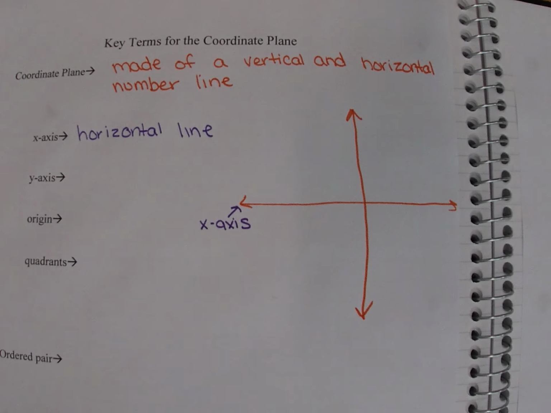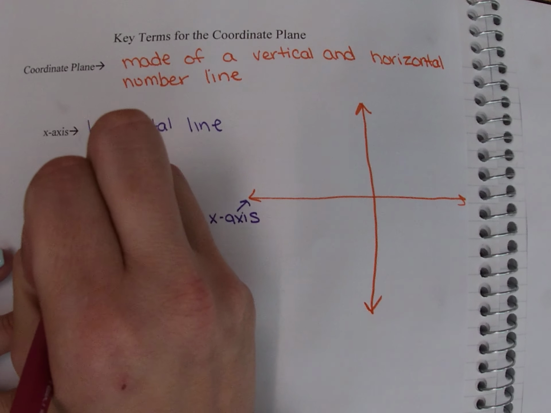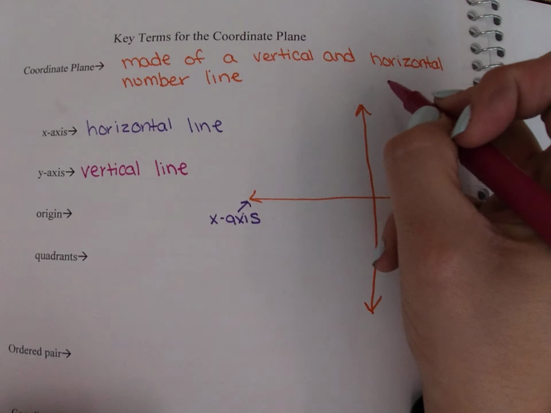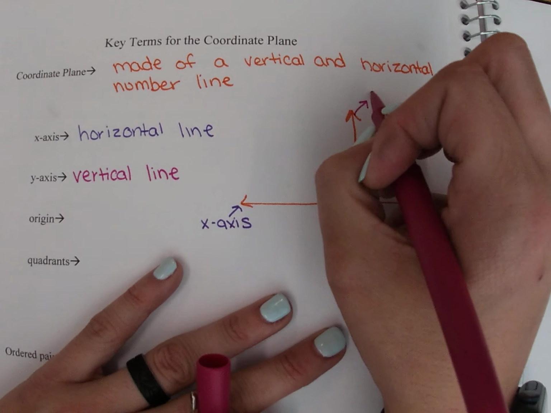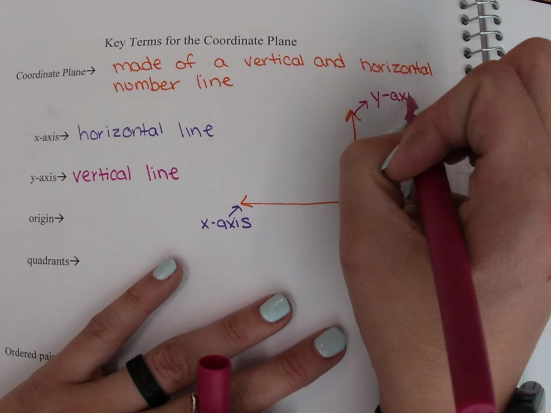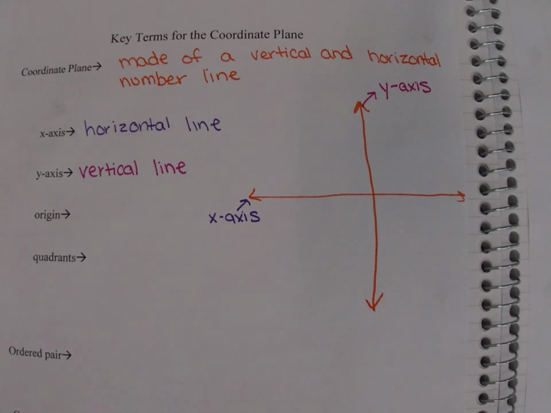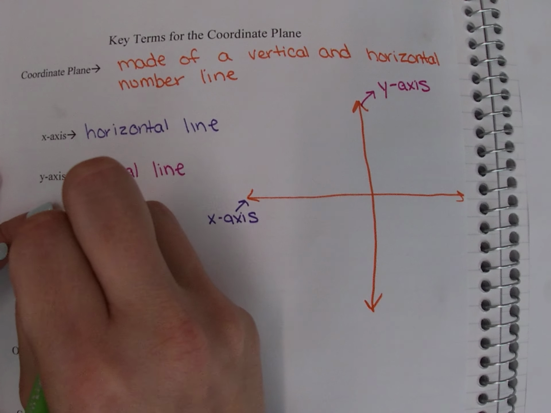Okay, our y-axis is our vertical number line. Okay, so that's our line going up and down. The origin is the point where they meet in the middle. It is that intersection point of the 2 lines.